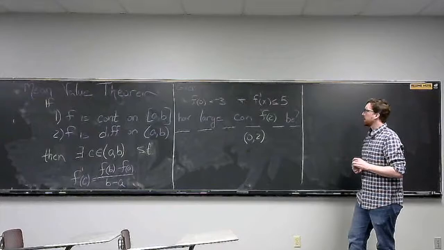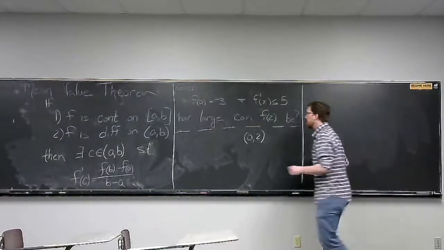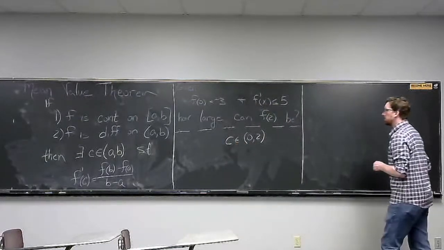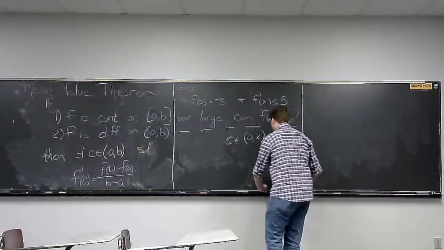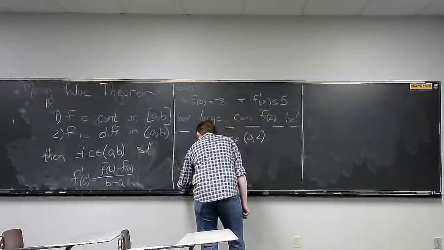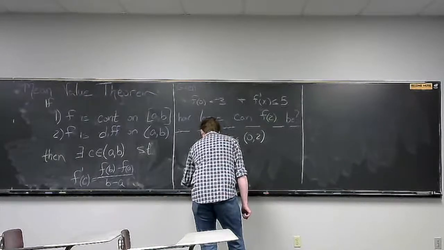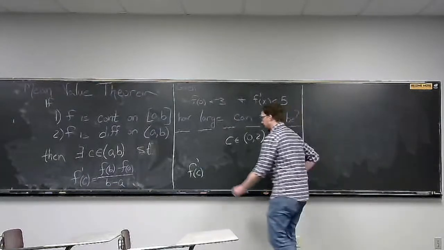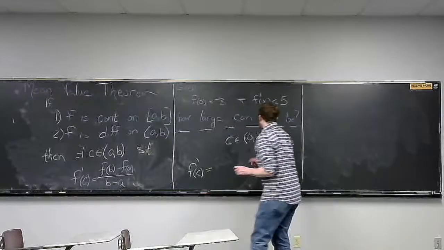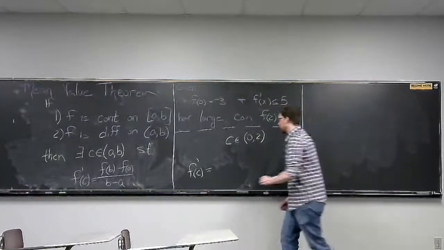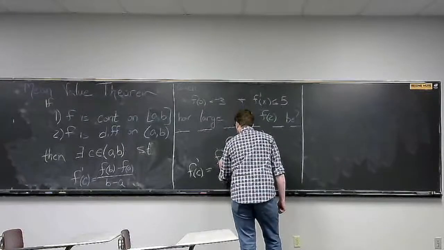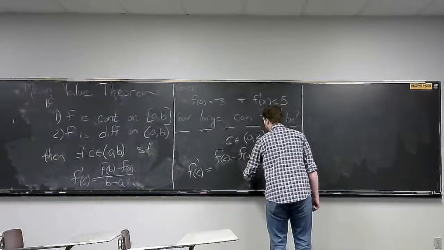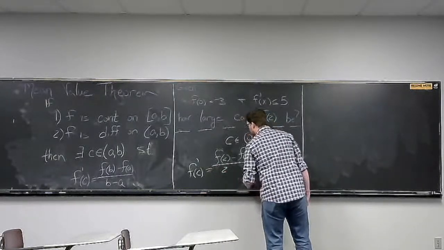Well, if that's the case, then we know there exists some c inside of that interval such that the derivative of your function at c is equal to f at b, well, in this case, b is equal to 2, minus f at 0 divided by 2 minus 0, or just 2.